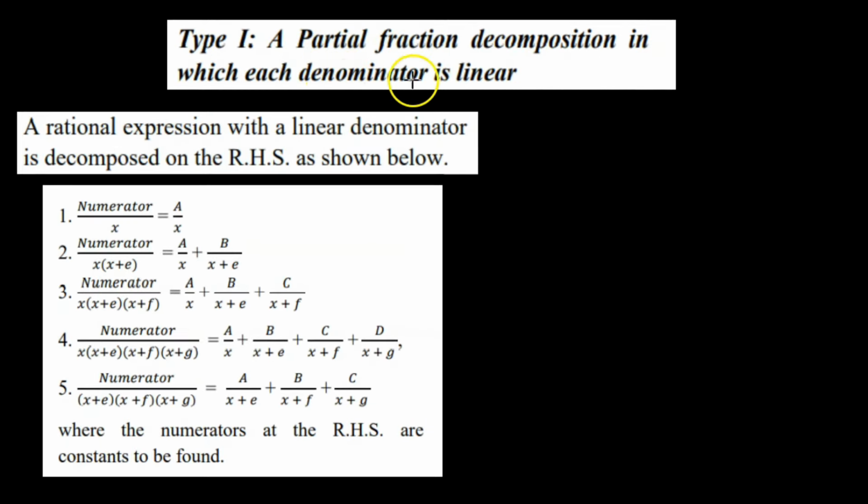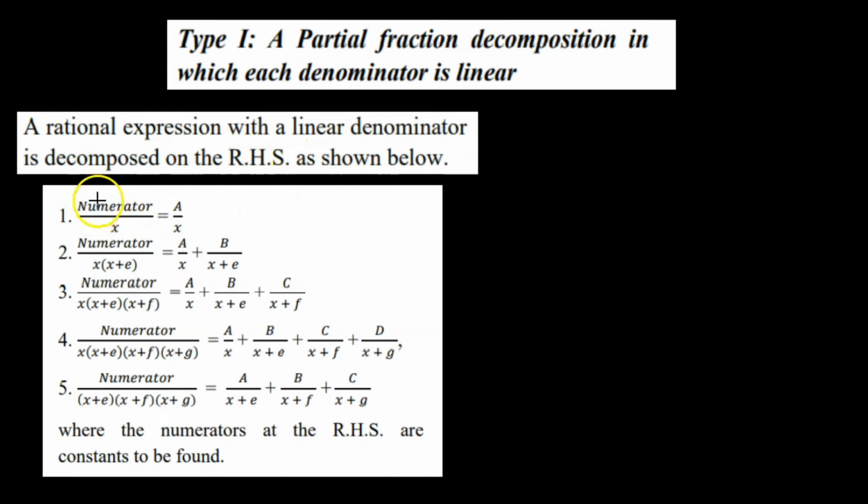So let us move on to the conditions we need to have in mind when writing the partial fraction for any rational function. We have different types we need to consider. The first type is a partial fraction decomposition in which each denominator is a linear function. A rational expression with a linear denominator is decomposed on the right hand side as shown.